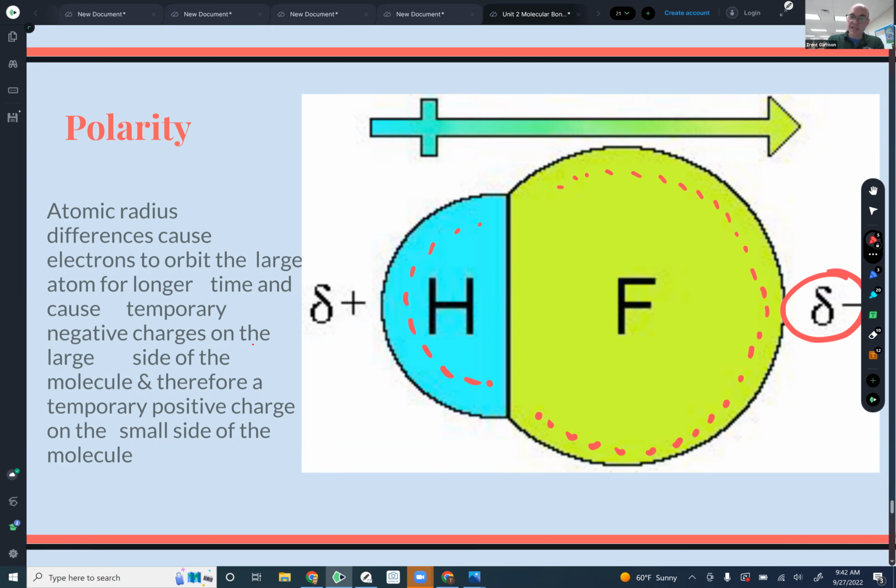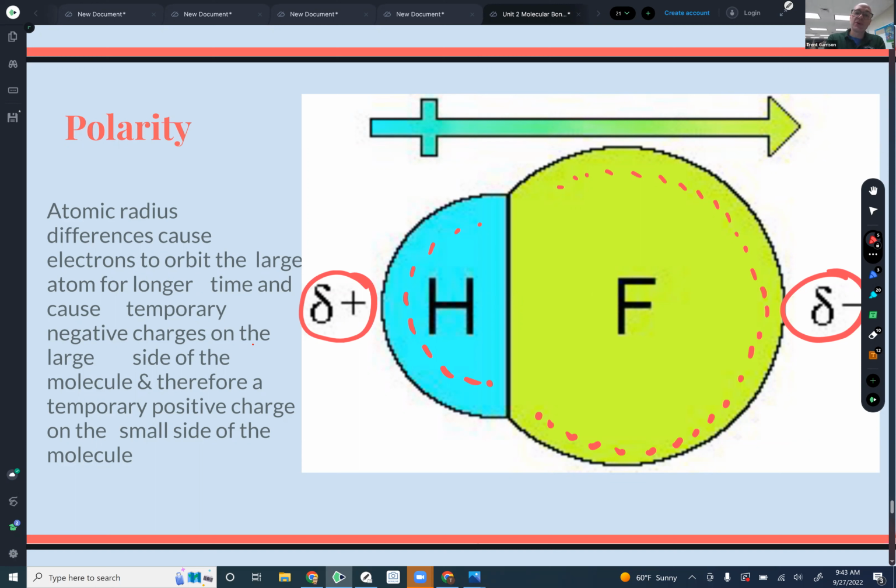Based on its size, we're going to develop a temporary positive charge because all electrons are negative. So the longer the electrons stay on one side, the more negative that side becomes. The shorter time would have a positive charge. This is reflected in these two different symbols, the squiggly D and the squiggly D with a positive or negative if it's got the electrons.